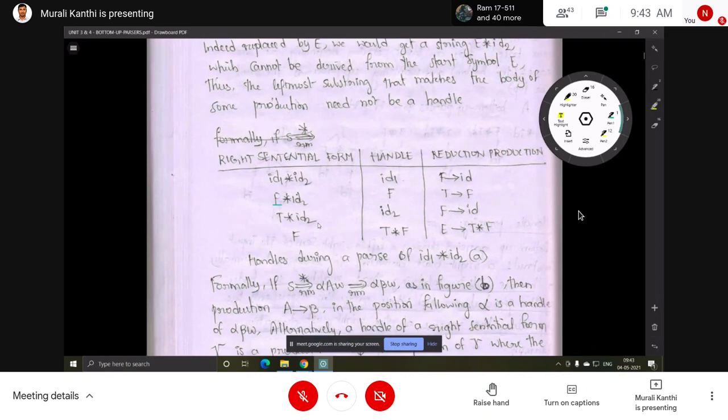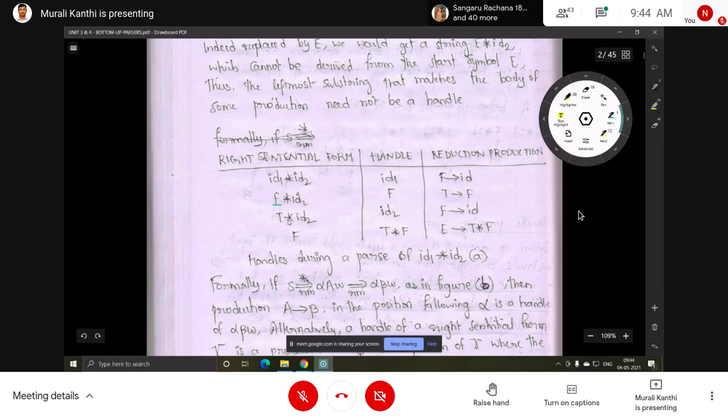This is a conflict, a problem here. As human beings we can identify this, but for the system it is a conflict. T is a handle we can find, but if T is reduced by E, further steps cannot be processed. So T is not a suitable handle, leave it.